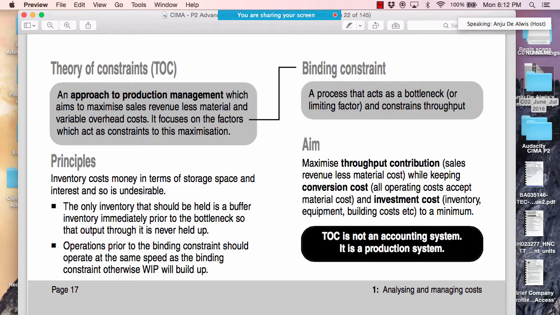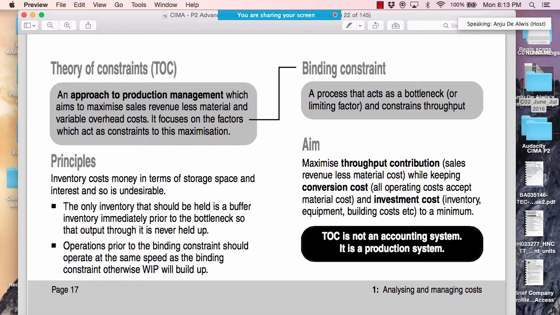Right. So an approach to production management which aims to maximize sales revenue less material and variable costs. That's logical, right? It's what you want to increase, and there is a specific word for that. What do you think? Sales minus variable costs. What do you call that? Do you remember? It comes in break-even analysis. Contribution?